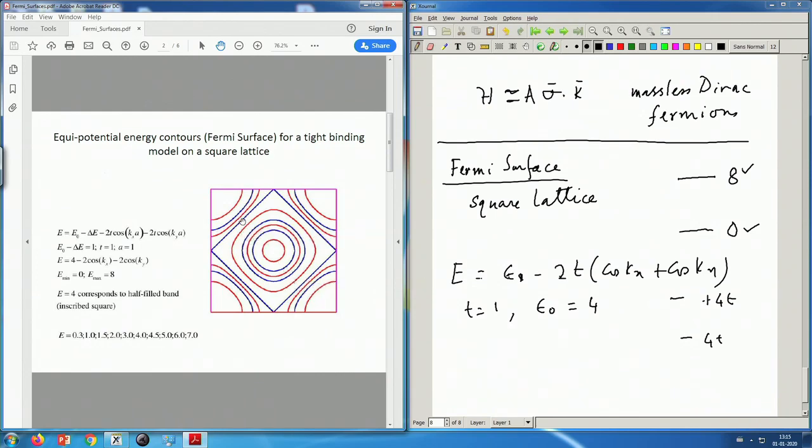See, if this line can be translated onto the opposite blue line by a vector which is the reciprocal lattice vector of the Brillouin zone, in such cases the Fermi surface is very unstable. So, these are instabilities of the Fermi surface that are commonly encountered.